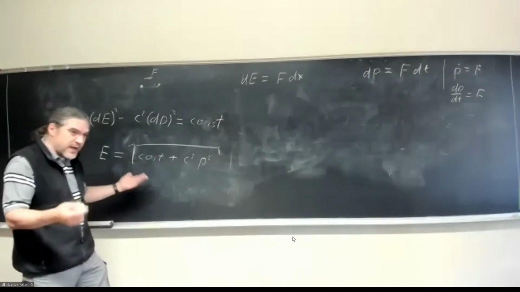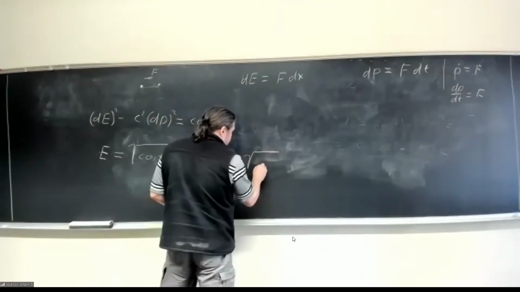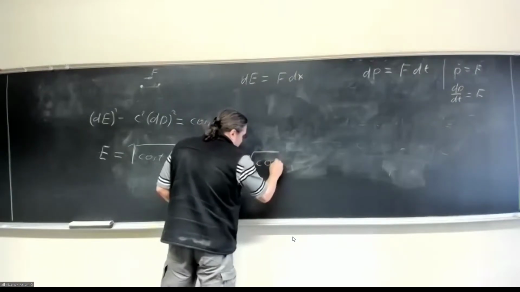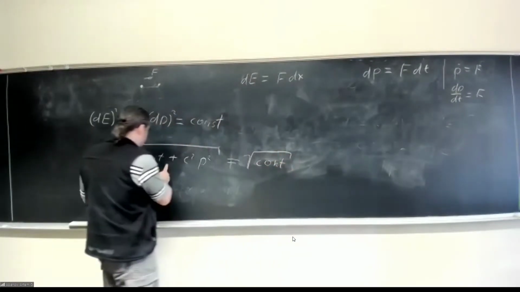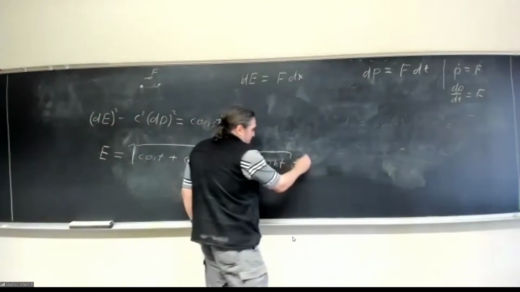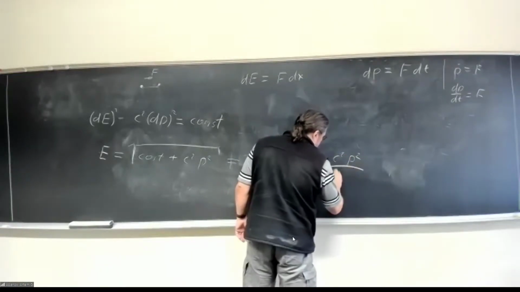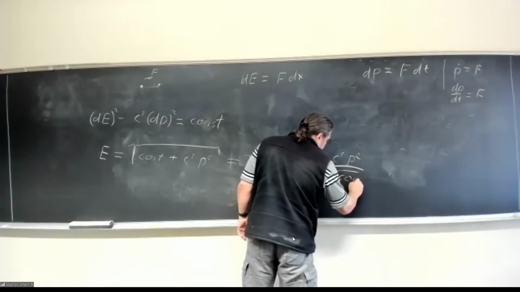If it is a very small number, I can use the Taylor expansion, and it will tell me that this is the square root of some constant, this one, right? That's the first term of the Taylor expansion over here, plus 1/2 c squared p squared divided by the square root of the same constant.